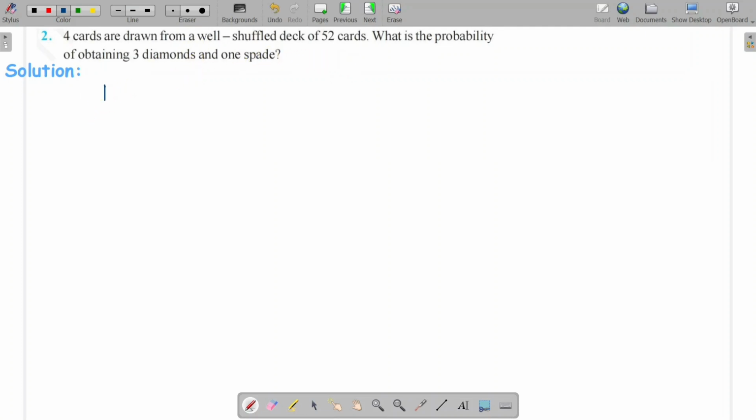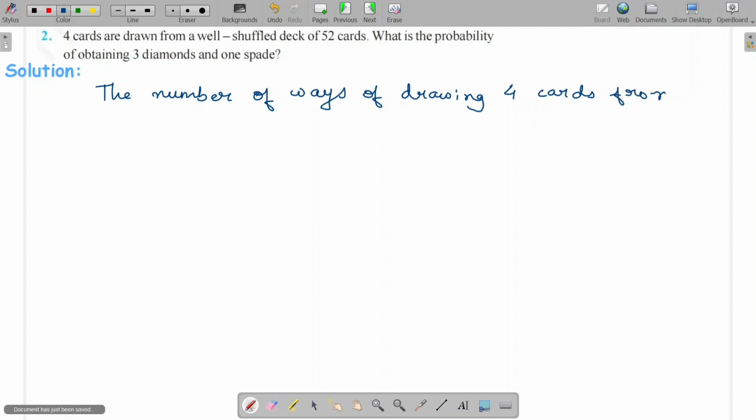Okay, so the number of ways of drawing 4 cards from the 52 well shuffled cards is what?